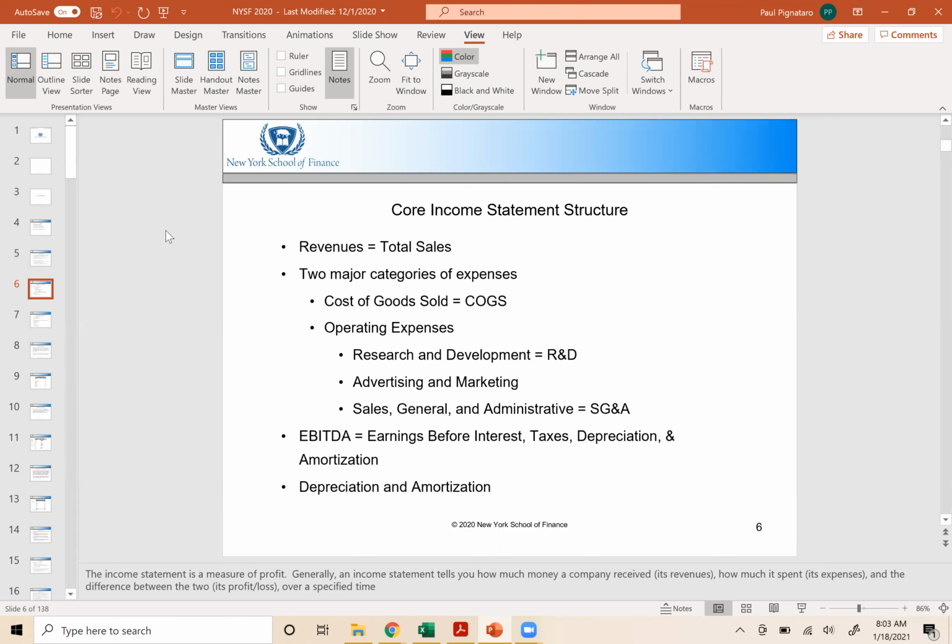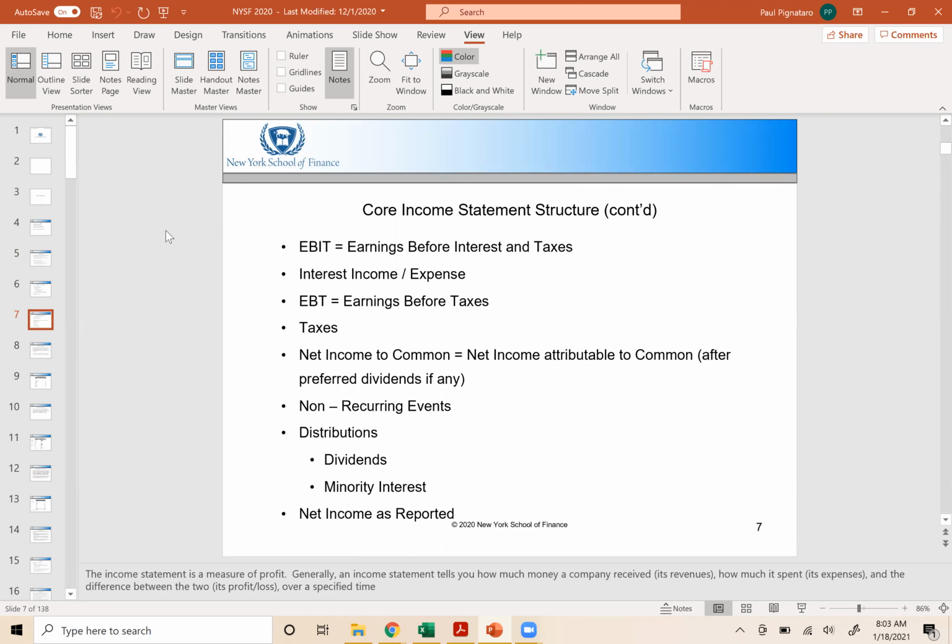Now, there are a couple of metrics in the income statement that we really need for purposes of valuation, which is part of the main goal of this course, to value Amazon. One is EBITDA, EBIT, EBT, all the E's.